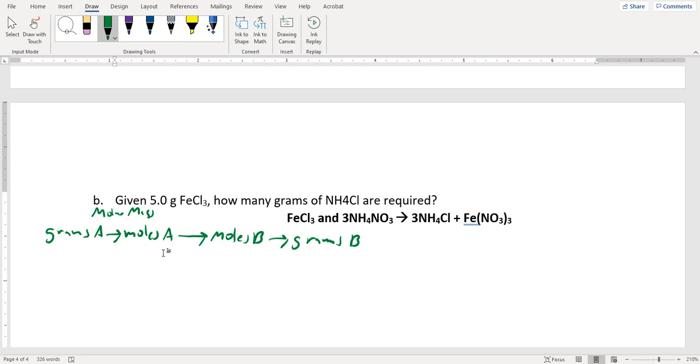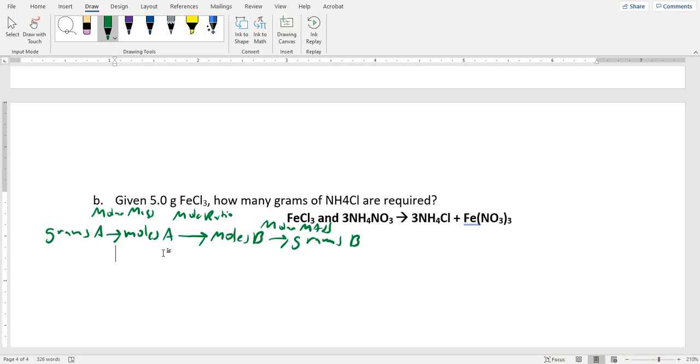And on a quiz or exam, I'll specify which one, or I'll give you the molar masses. And then to go from moles of A to moles of B, you're going to have to use a mole ratio that you determine from a balanced equation. And then from moles of B to grams of B, you're going to have to use another molar mass.